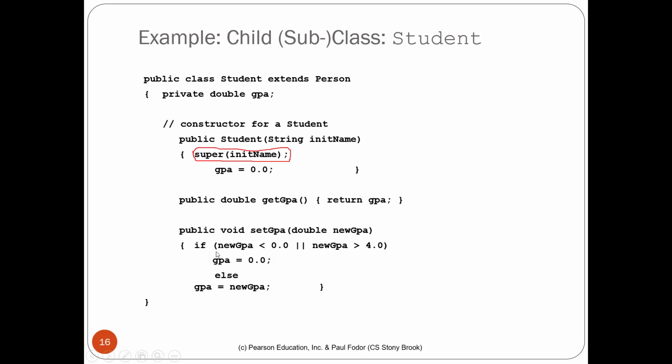Now we will again evaluate, right, whether the input that we are getting from the client program for setting up the GPA is meaningful or not. So the GPA should not be negative, right, and new GPA should not be more than 4. Okay, that's how we have it, right? GPA should be a value between 0 and 4.0, and that includes 0 as well as 4.0.